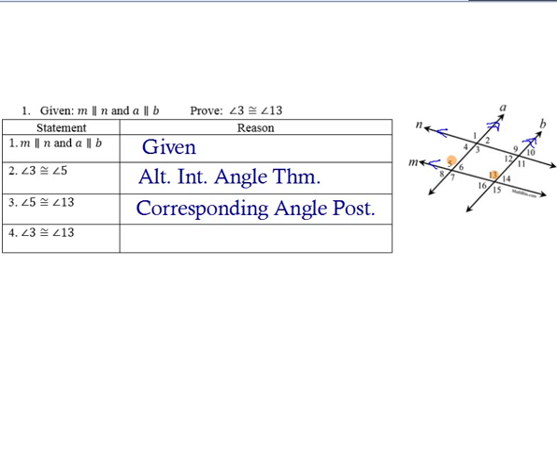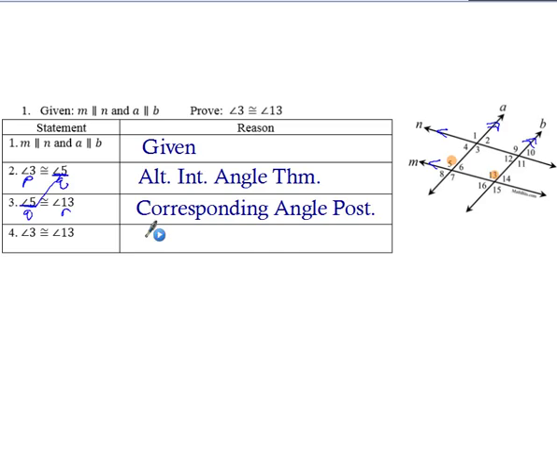So now one thing that you want to pay attention to is it's almost like the law of syllogism, where this is P, this is Q, and this is R. If you notice, angle 5 gets used twice, and so we can link that together. Now we're not going to call it the law of syllogism anymore, because we're not talking about if-then statements.